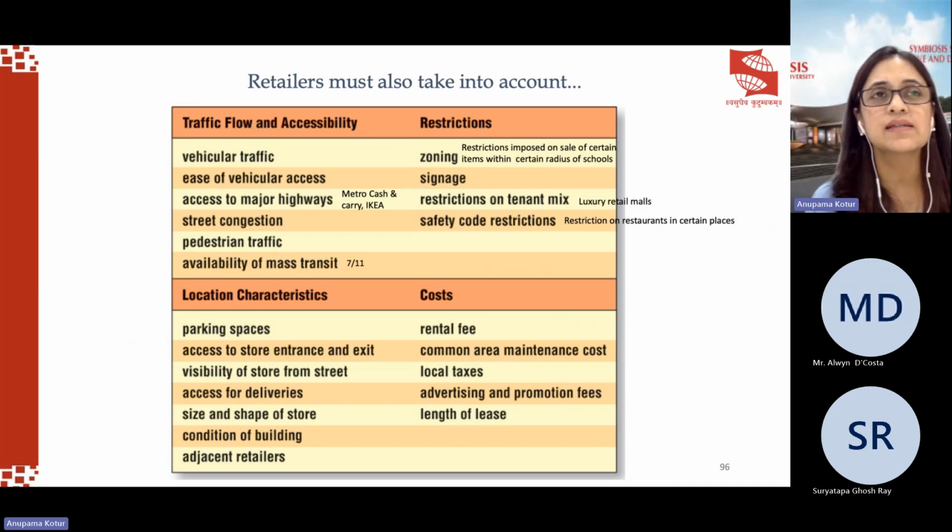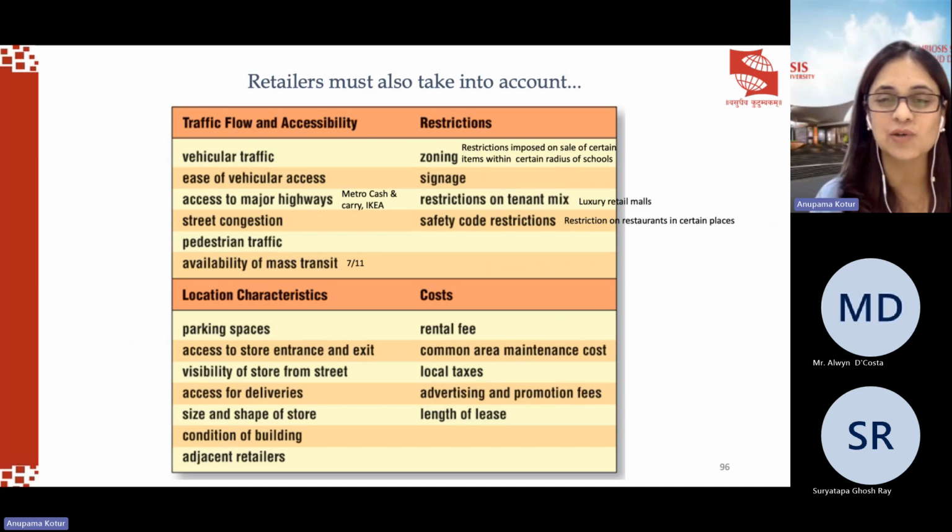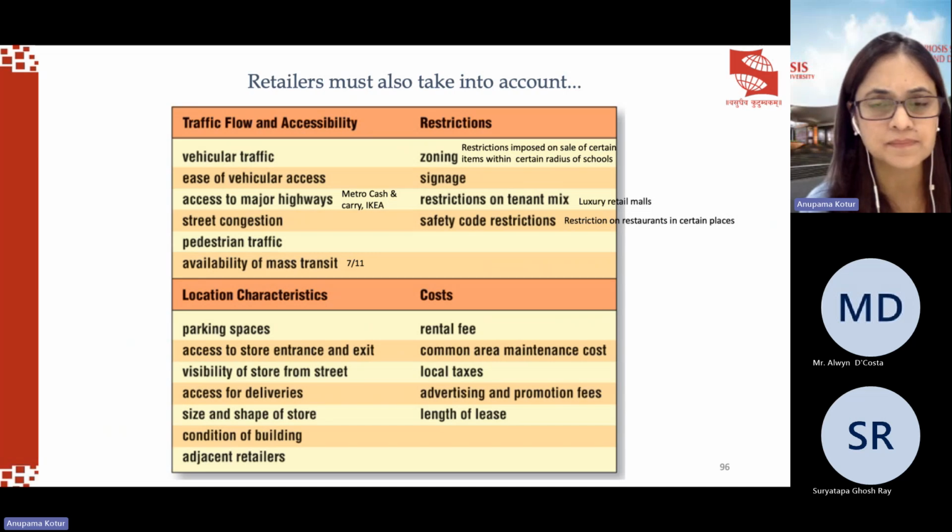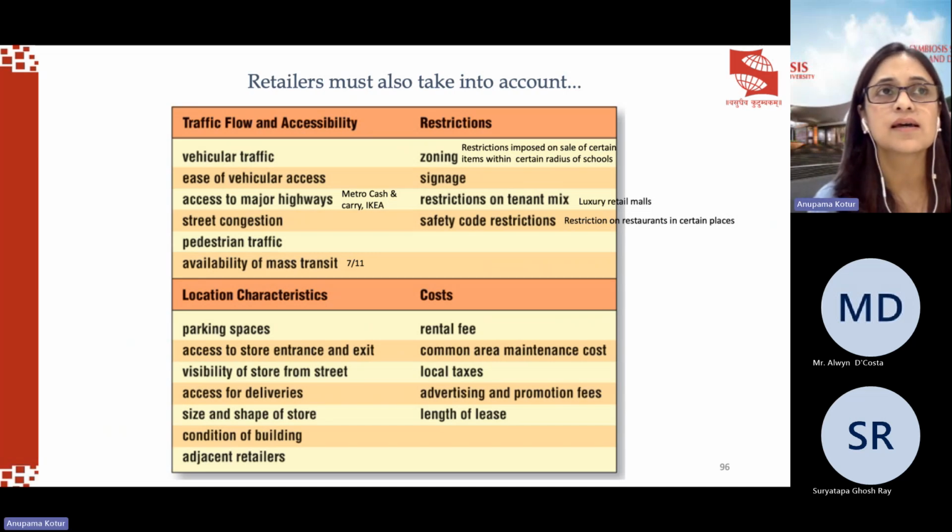Why? Because they feel it's not great for the aesthetics of that particular place. Okay. And of course, these are not very hard restrictions. Over a period of time, those restrictions could be lifted, even based on public demand and things like those.